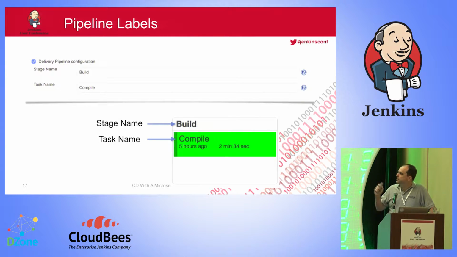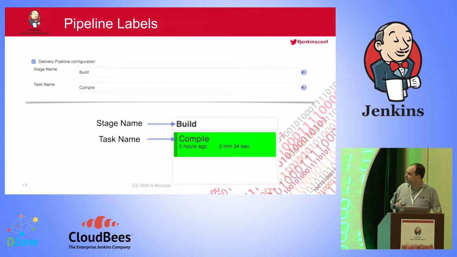I need to configure the delivery pipeline label, so I'll check the delivery pipeline configuration option and give a stage name of build and a task name of compile. And that ends up looking like what you see below in the UI. You get this nice container for build, and then there can be multiple tasks inside of it based on the task name.